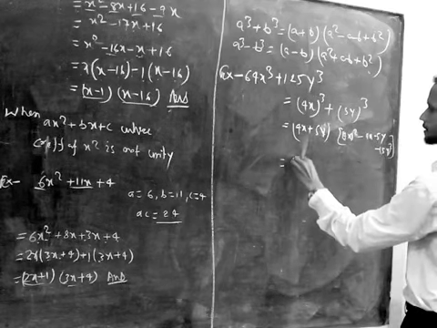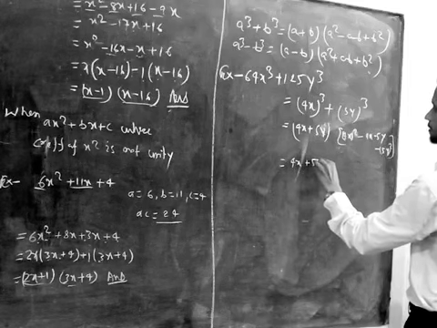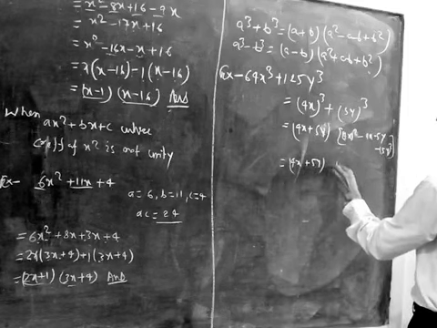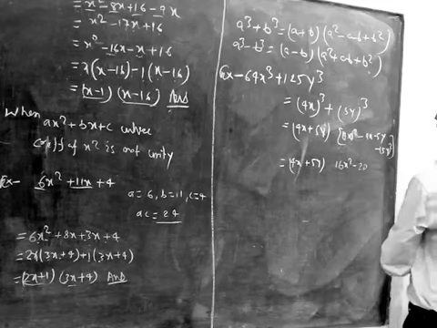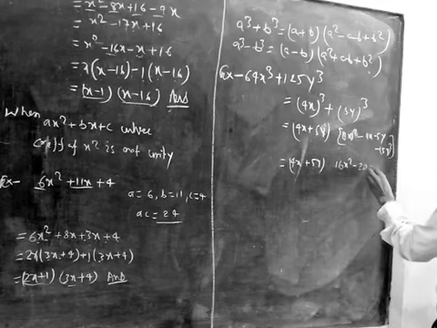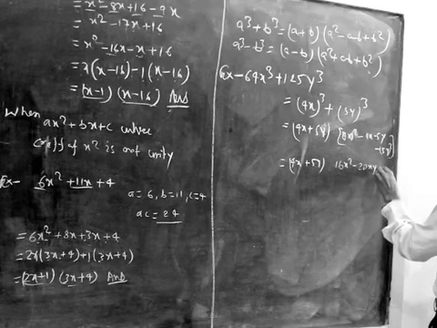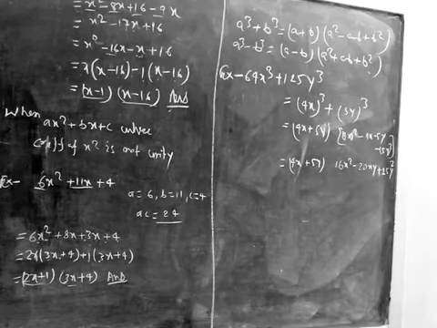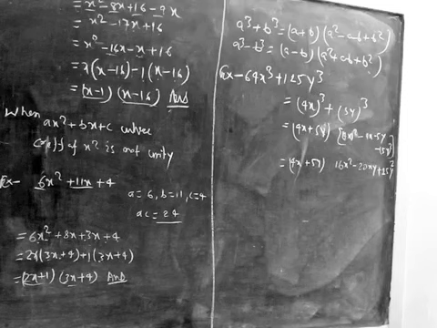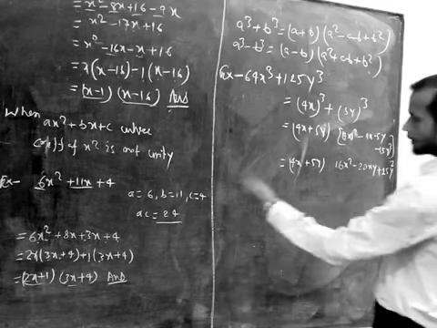Hence (4x plus 5y)(16x square minus 20xy plus 25y square).